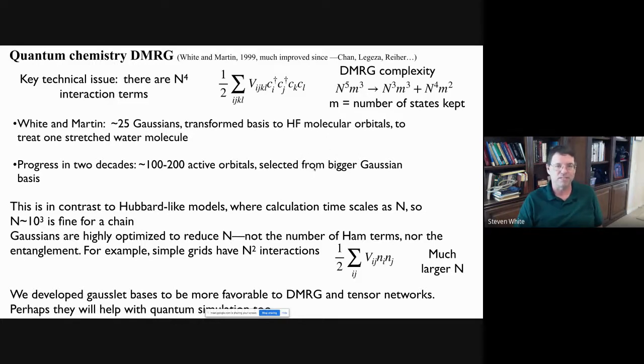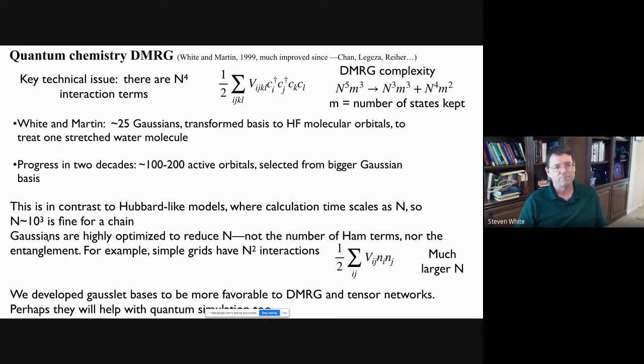And so you can do pretty interesting problems if you let much of the system be not correlated. But this is in contrast to Hubbard-like models, where the calculation time scales as N. And so 10 to the 3, 10 to the 4 would be fine if you had some reason to go that big for a chain in a Hubbard model.